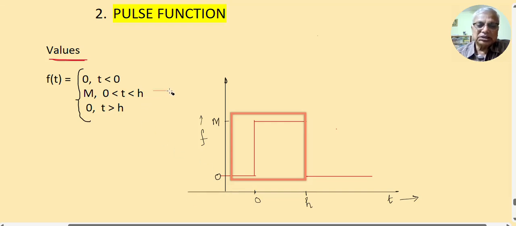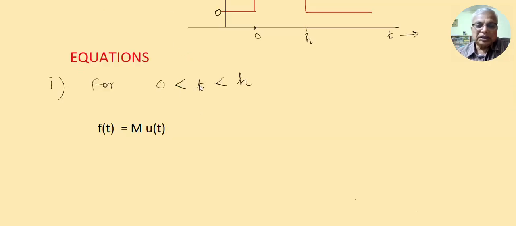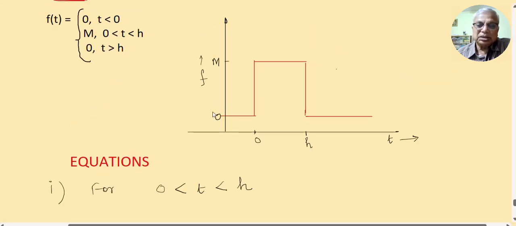It rises from 0 to another constant value m suddenly at t equal to 0. So that fits the definition of a step function. So the equation of a step function will represent this function between 0 and h.